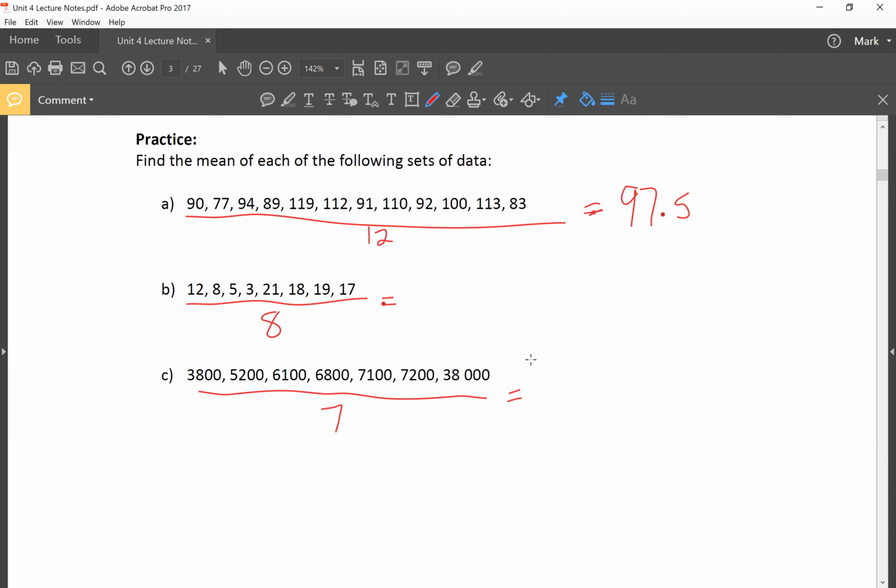So what I'll do really quickly is just add these all up and make sure that my answers match your answers. Just give me 1 second here.